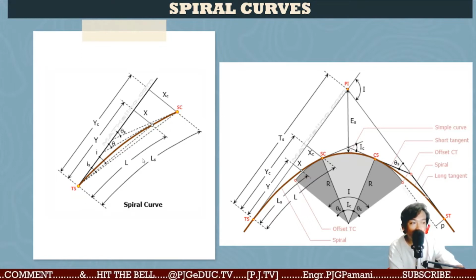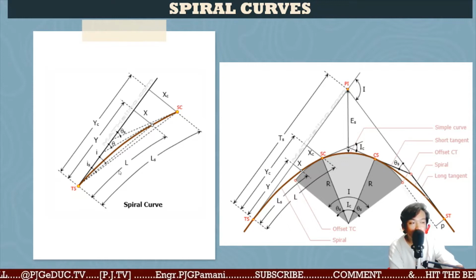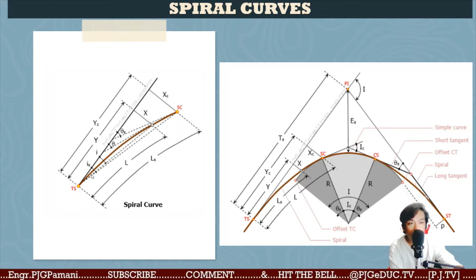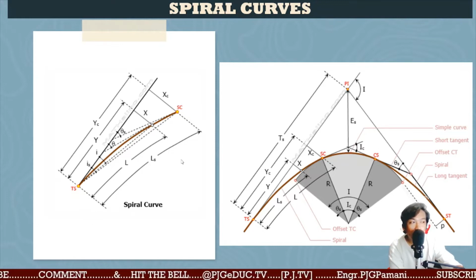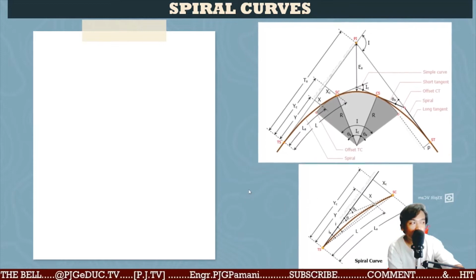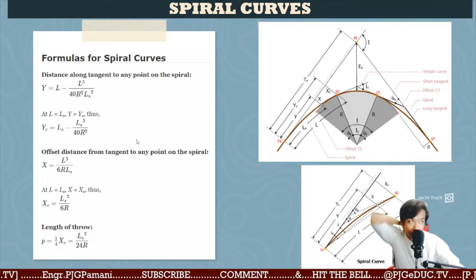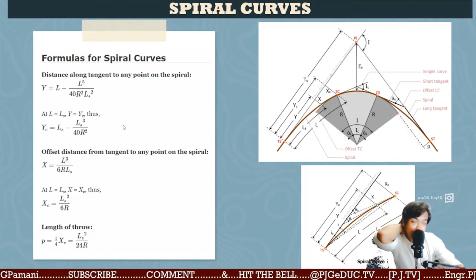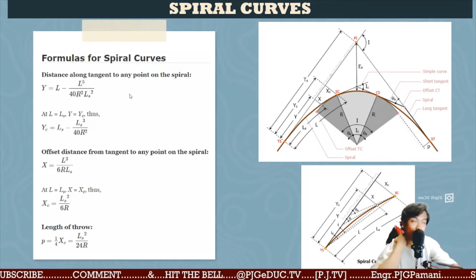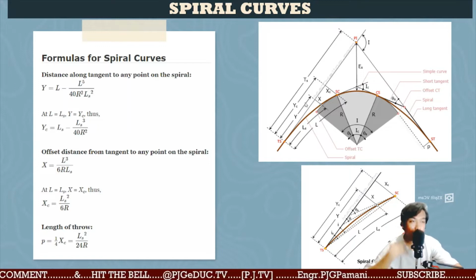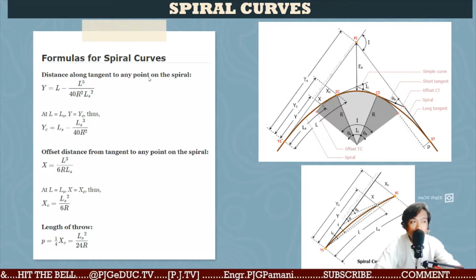So yung hinabi ko kanina, baliktarin nyo po yung L at saka LS. Dapat yung L, length of the spiral at any point within the spiral curve. Then LS is the length of the spiral curve. Then formulas to be considered for spiral curves. Distance along tangent to any point on the spiral, which is your Y. Sabi ko nga, to any point.